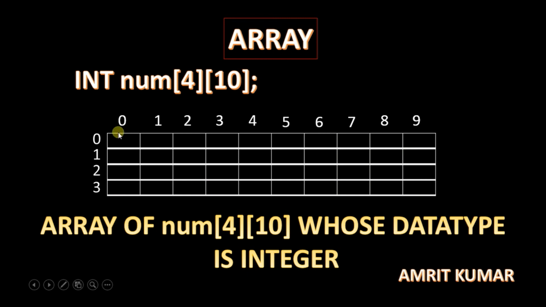Actually its index starts from 0, therefore it goes from 0 to 9. We have studied that an array starts its index from 0, so the rows start from 0 and go up to 3. This is how we can initialize and create a two-dimensional array in C language.